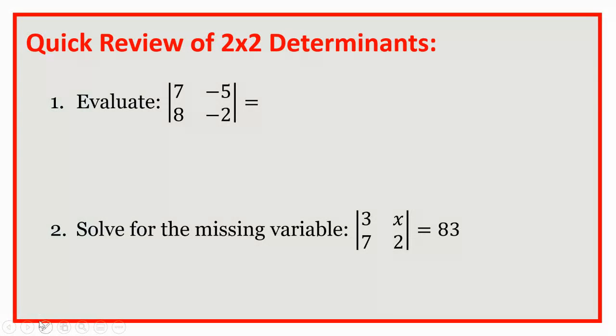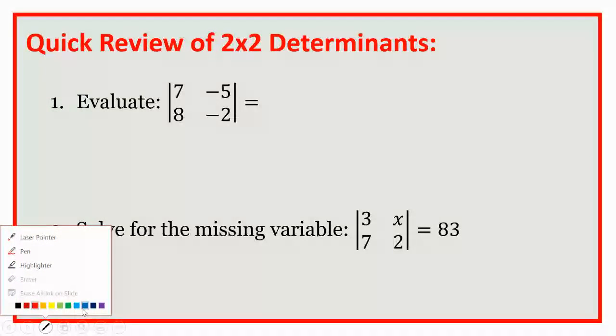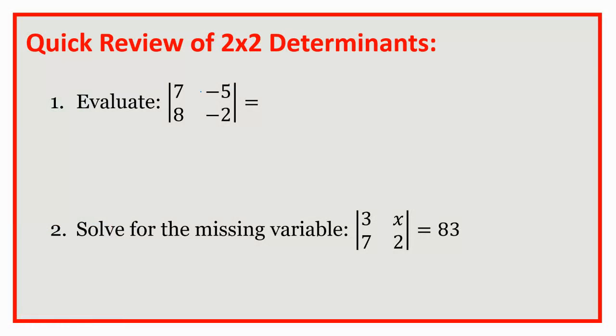As we get started, let's do a quick review with 2x2. Evaluate. This was the really important piece of notation. Please know your notation. If this just says evaluate, what does that mean? This should be a scalar value. These bars indicate determinant, that means find the determinant.